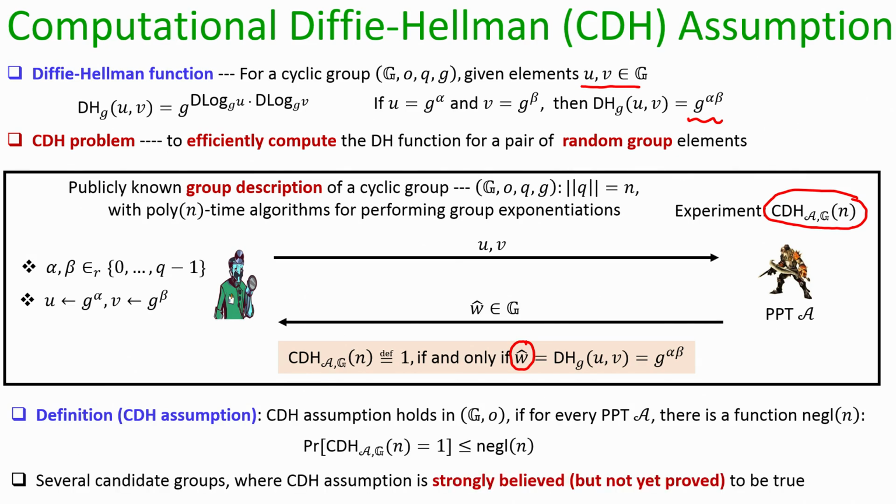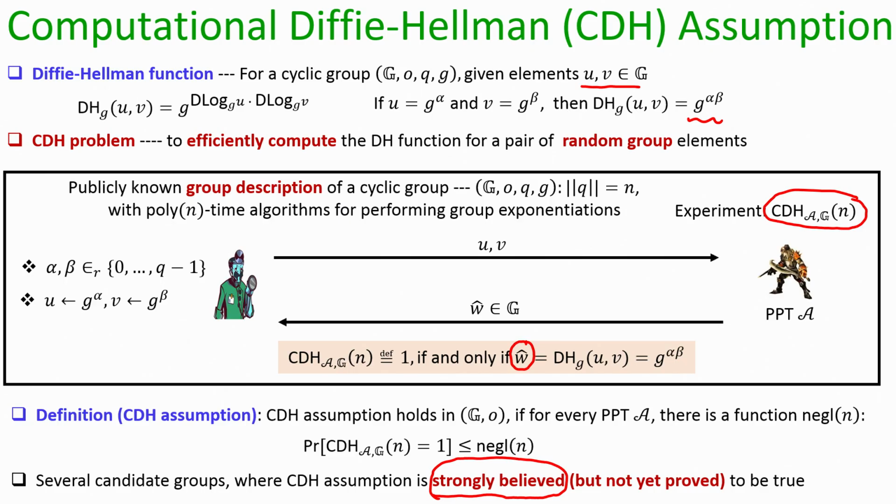And it turns out that there are several candidate groups where the CDH assumption is strongly believed to be true. Again, I stress that it is only strongly believed that there exists no polytime adversary who can solve the CDH problem with significant probability, but it is not yet formally proved. It is just an assumption.